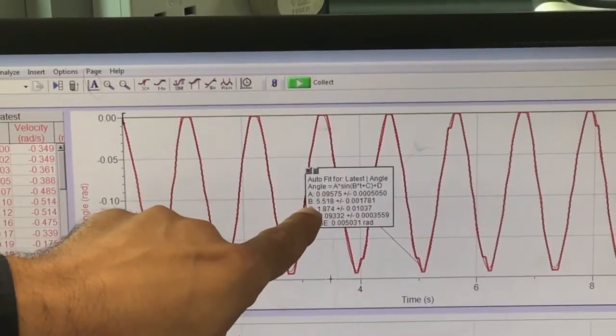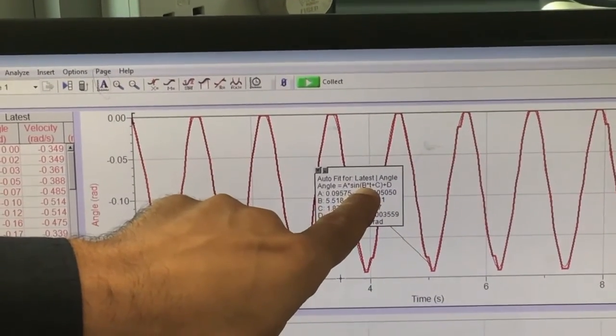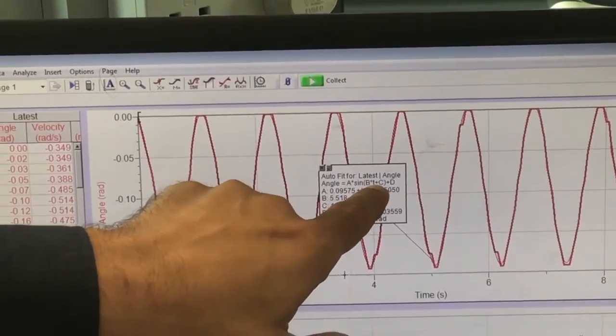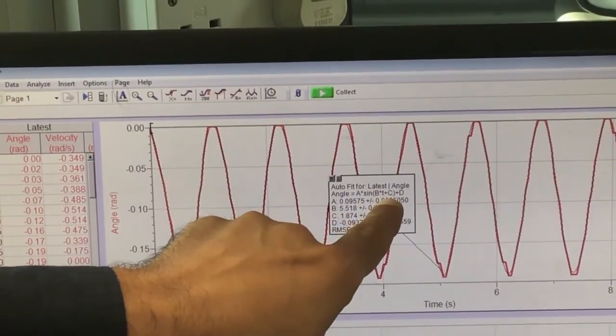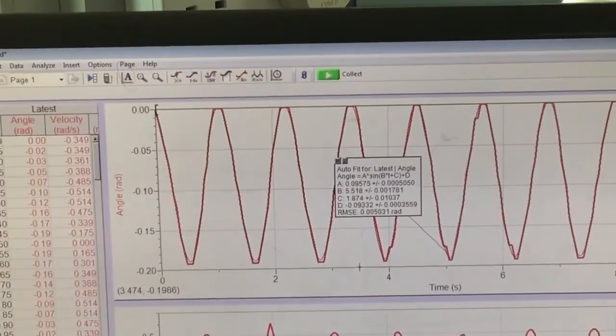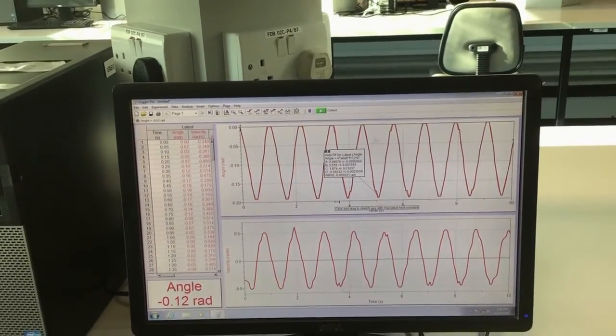You can get the constant B, which refers to the angular frequency of the motion, because it's B times T. Or you can get the phase angle, which is C. Of course, in our experiment, we're interested in the value of omega, which is the angular frequency.